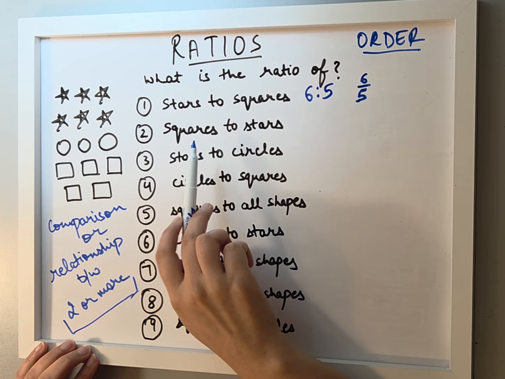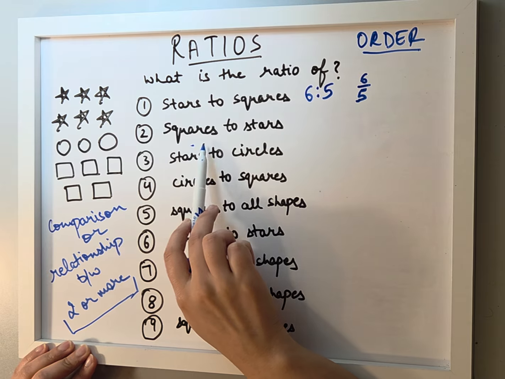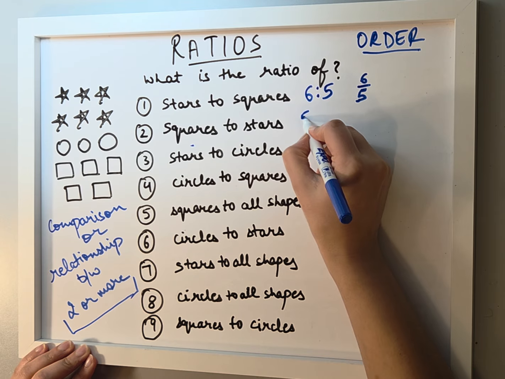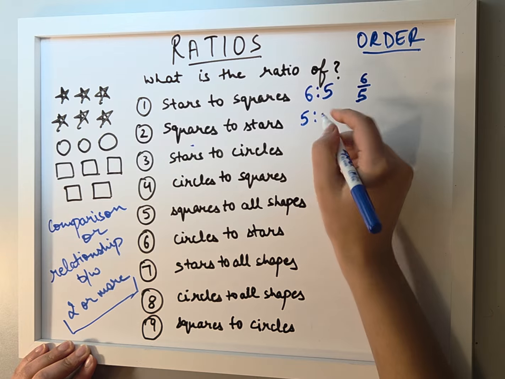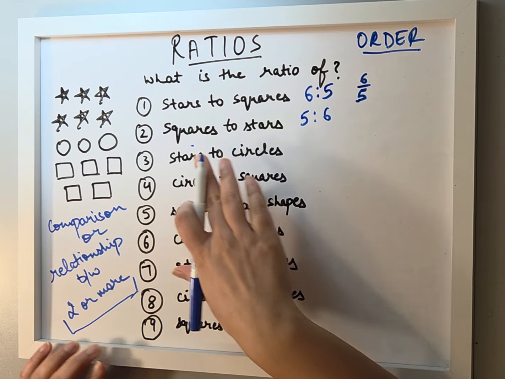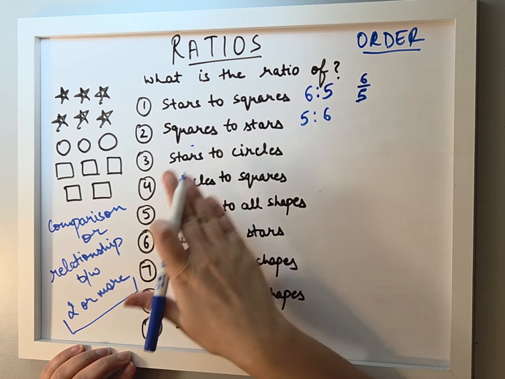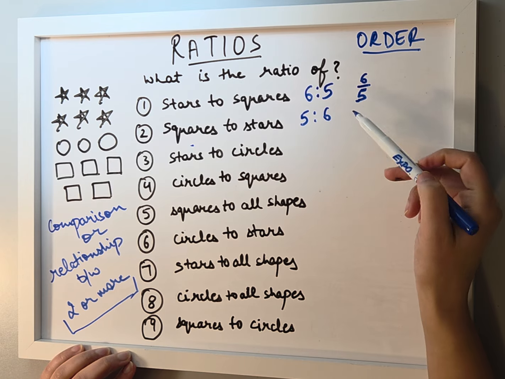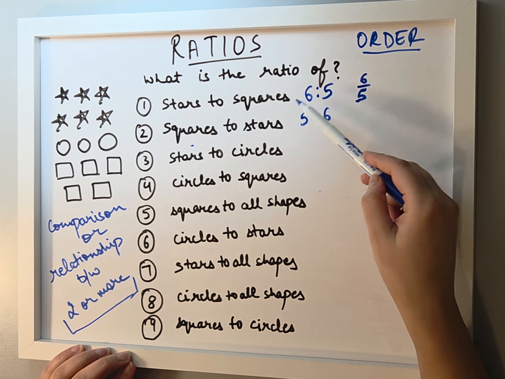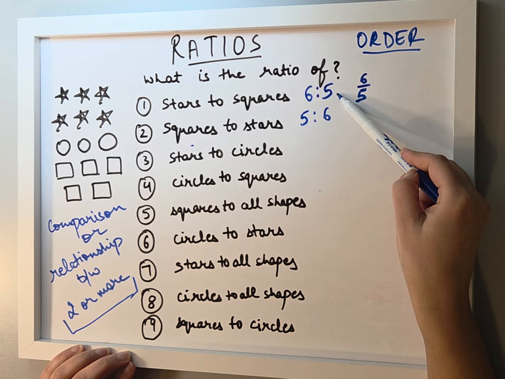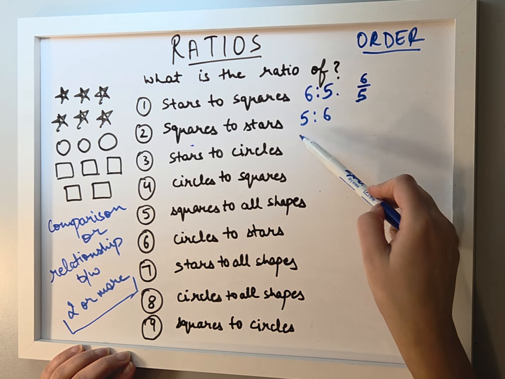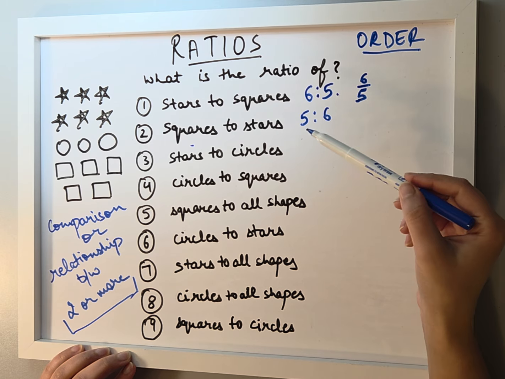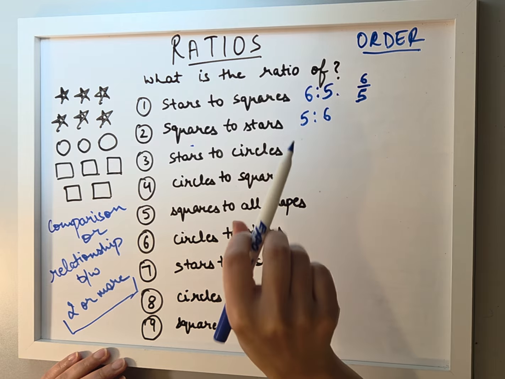How many squares do we have? 5. And how many stars do we have? We counted 6. So depending on the order of things, the ratio will be different. Stars to squares is 6 ratio 5, and squares to stars is 5 to 6. So keep that in mind.